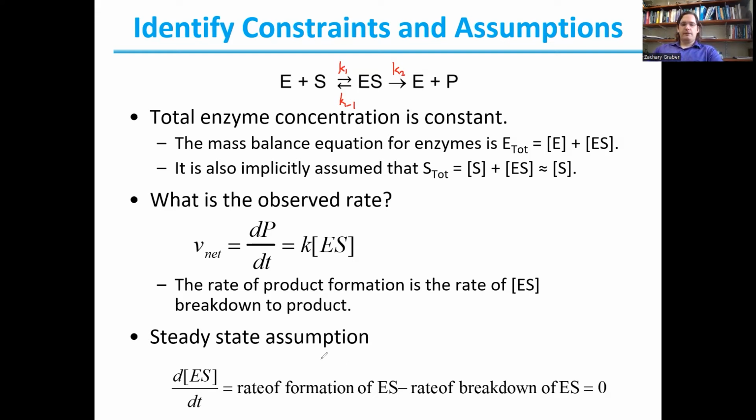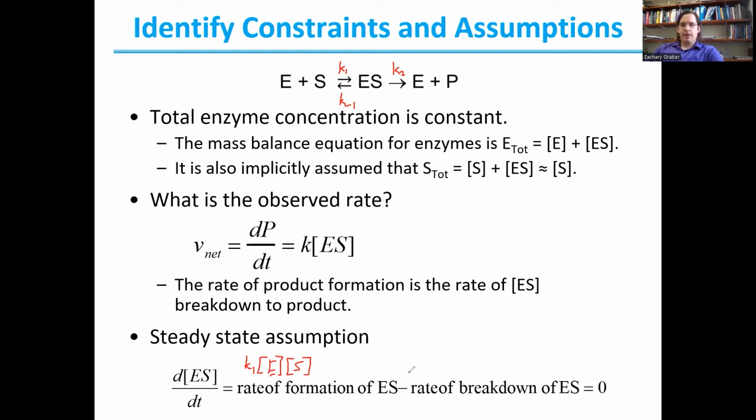So now with these rate constants, we can go back to our steady state assumption, and we know that the rate of formation of our enzyme substrate complex will be based on our rate constant multiplied by the concentrations of our involved components. That would be the concentration of the free enzyme and the concentration of our substrate. So that's the rate of formation of the enzyme substrate complex.